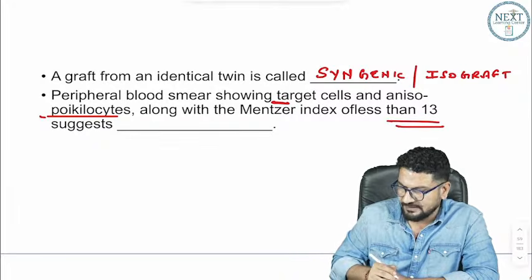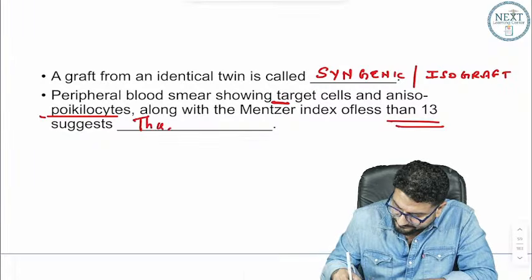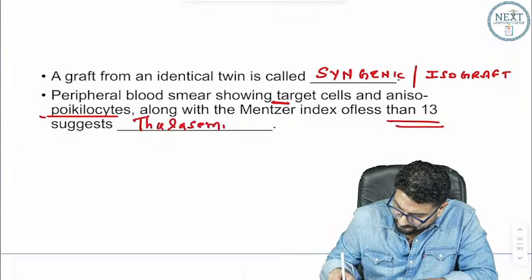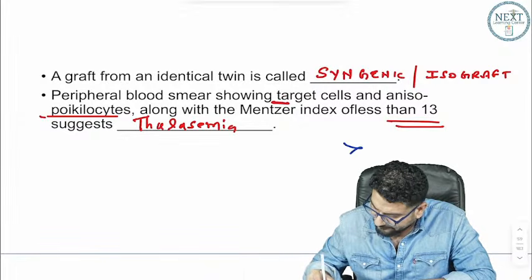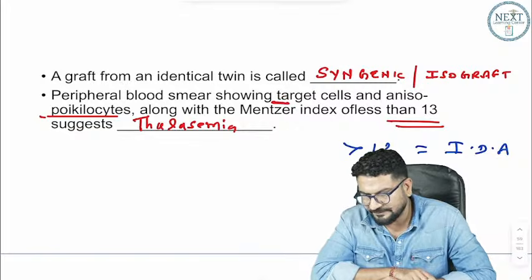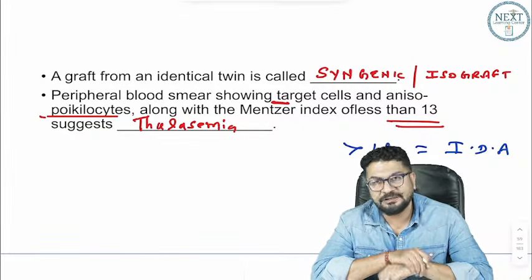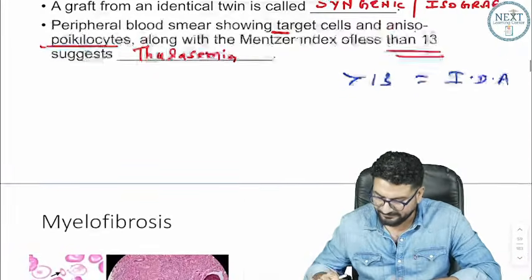What is it? Mentzer index value less than 13 is seen in thalassemia. And just remember, if the Mentzer index value is more than 13, it is seen in IDA, iron deficiency anemia. Mentzer index, very, very important. All these are previously repeated topics, very, very important.